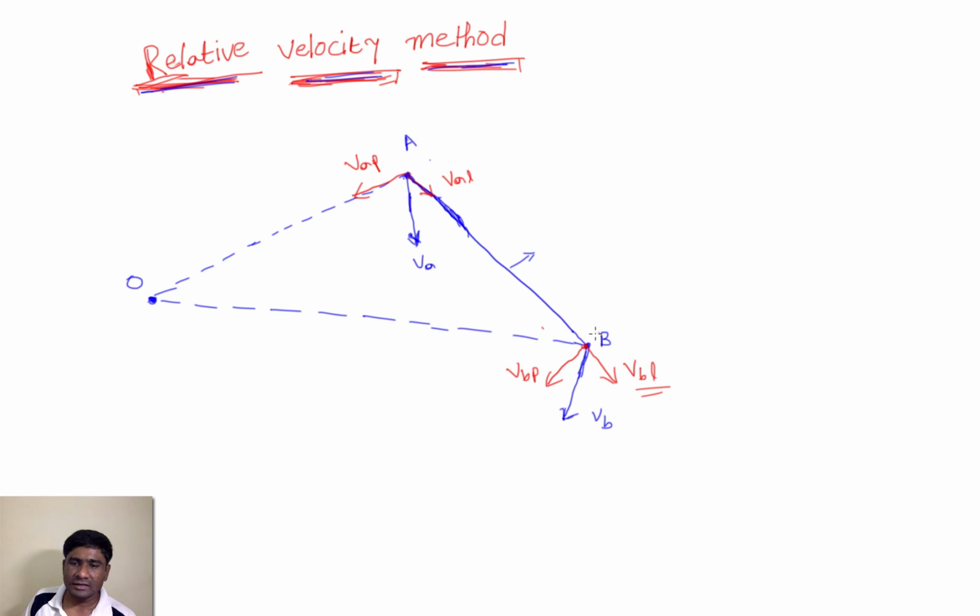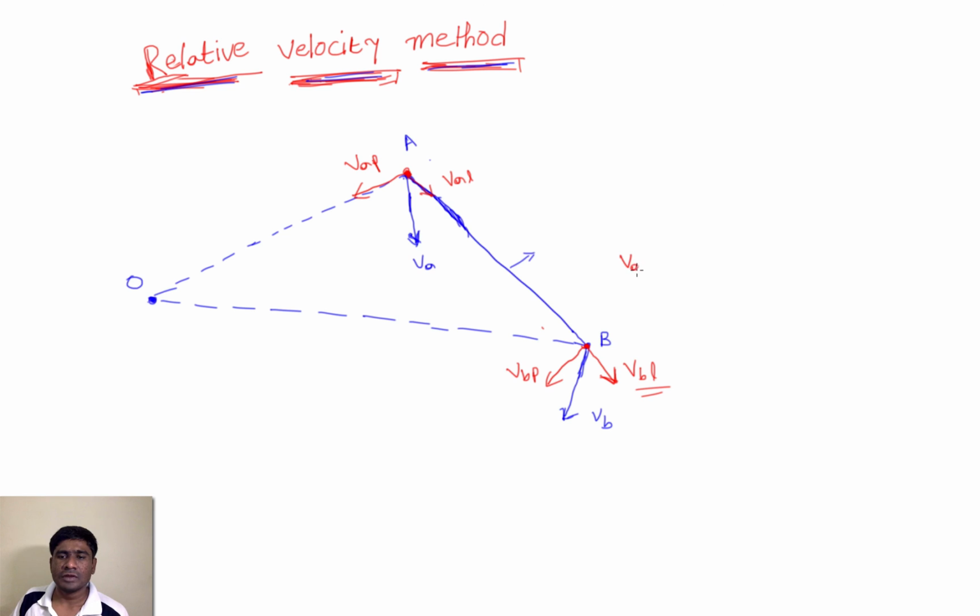But I said this is a rigid body, or inextensible. When I say inextensible, the velocity of the point A along the link should be equal to the velocity of the point B along the link length. Why? Because if the velocities are not equal, then the distance traveled by point A is not equal to the distance traveled by B. That means it may undergo extension or contraction, so it is no longer a rigid body.